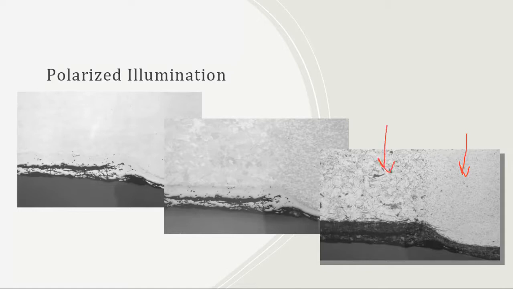Would you be able to tell me what the grain structure is in both of these locations versus what you would have been able to tell me in these two locations? So that's an example of how polarized light could actually help a situation where you would not have received very good results in etching the sample.